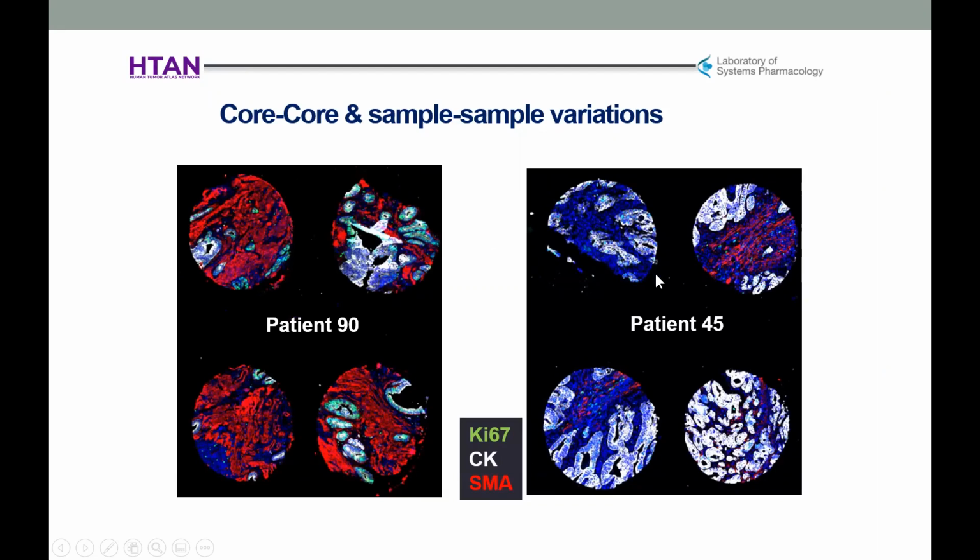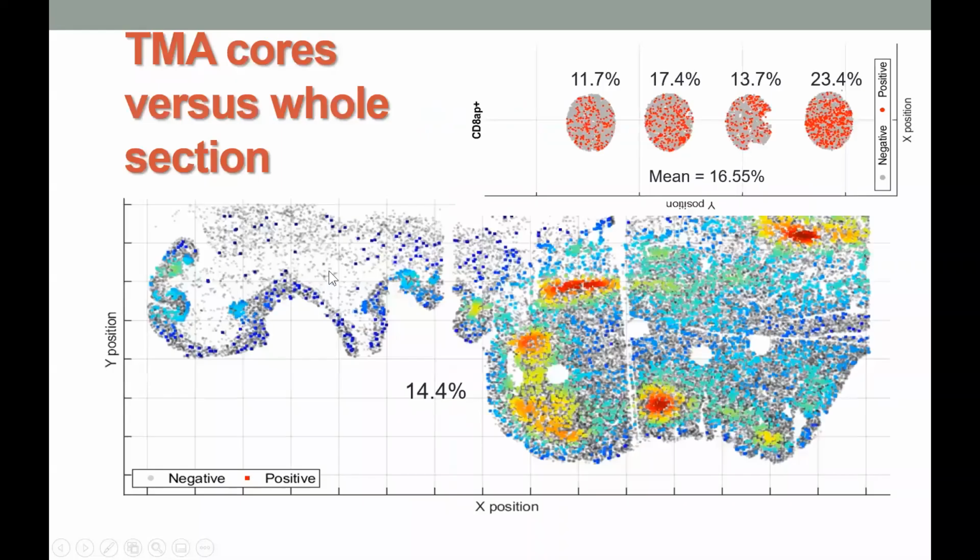In some cases, you see quite nice results, but you can see right here for patient 45, this is an apparent outlier that's not sampled with too much tissue. And here is even worse. The heterogeneity within the patient is non-negligible, and this is just looking at one single marker.